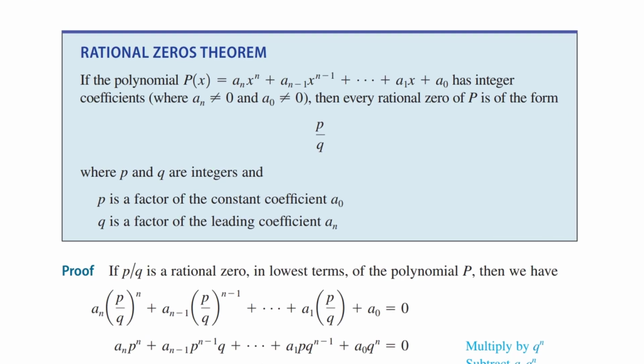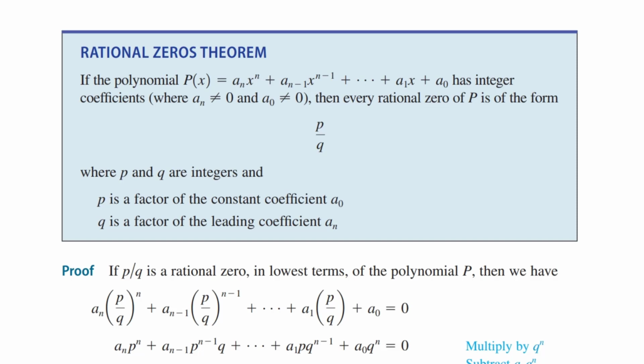Now, regarding the rational zeros theorem, this is a good example of how to phrase that particular theorem. You can probably find an equivalent version in your text. What this theorem is saying, in effect, is that if you have a polynomial and it has rational zeros, so in other words, it's not saying that all polynomials have to have rational zeros. It's saying that if it does have rational zeros, those are going to come in a certain form.